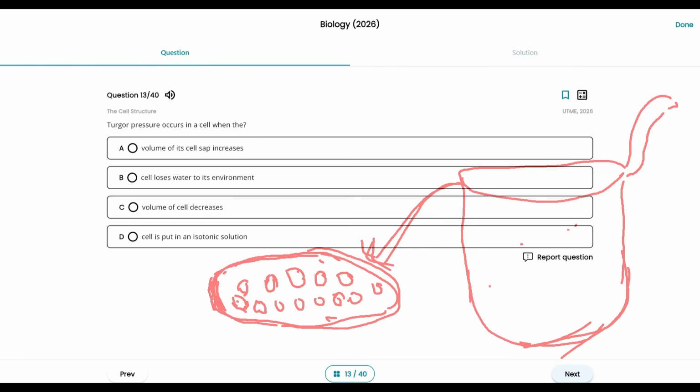What happens basically is that the cell sap will increase in volume. Are you with me? So the cell sap will increase in volume.